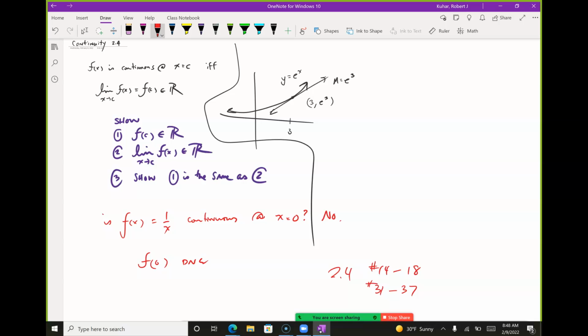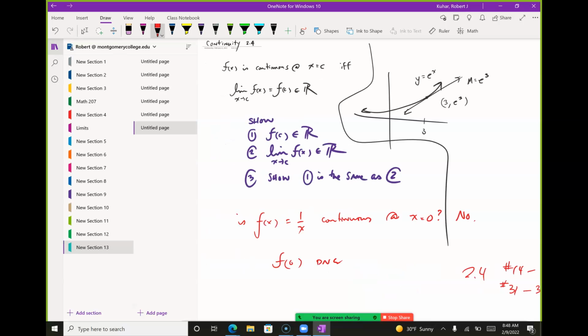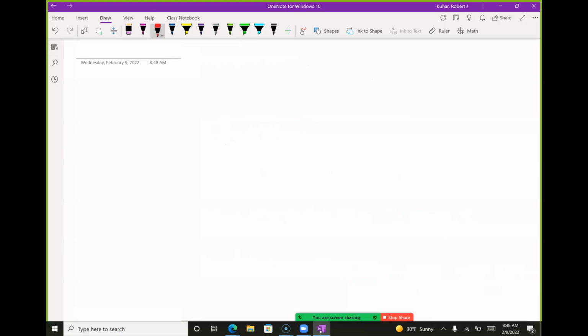Some of those will be for your written homework, not this Monday coming up, but the following Monday. Cool, so let's do a problem here. I did start talking about this on Monday. Okay, so this is number 16.